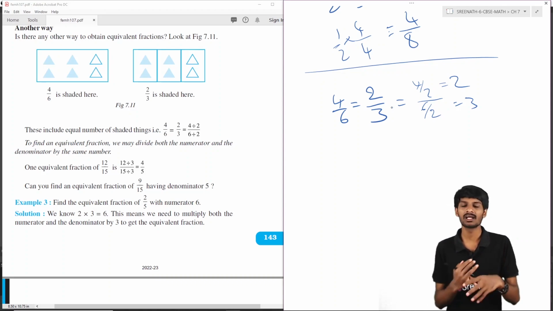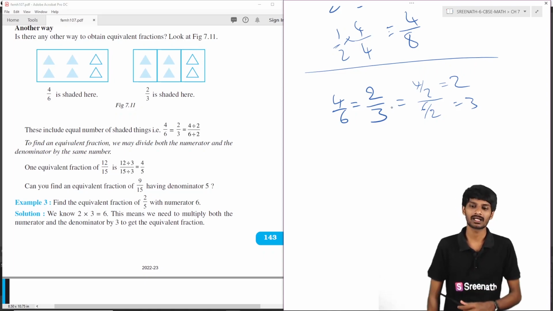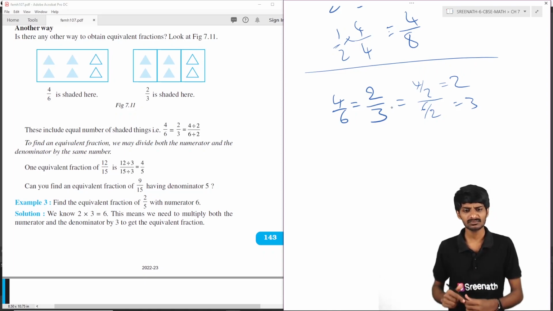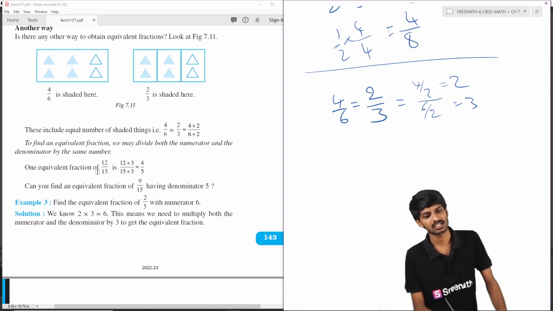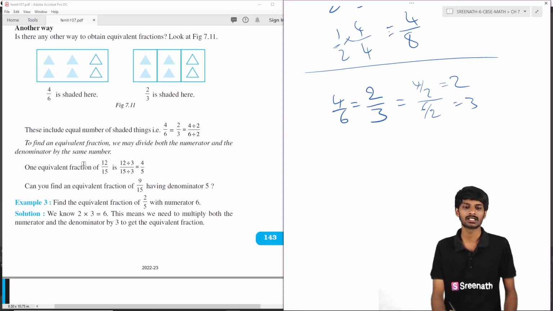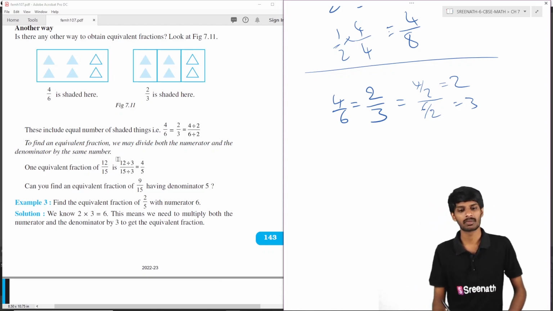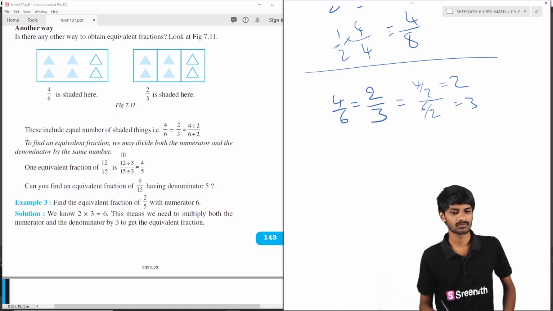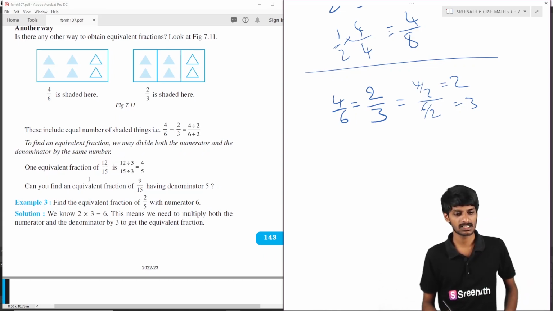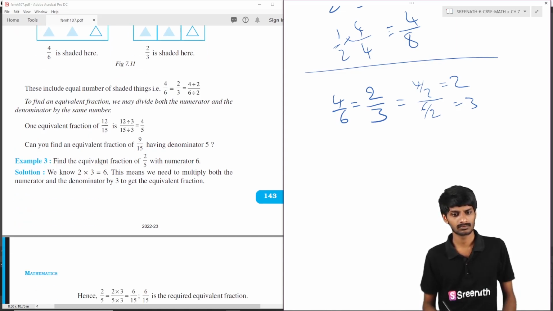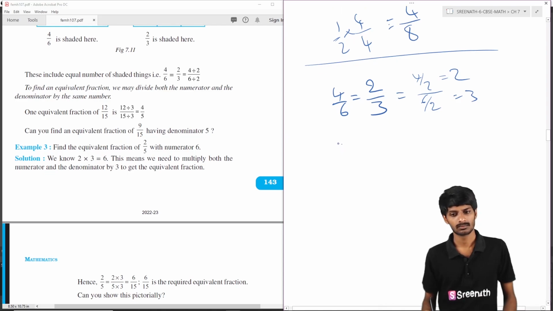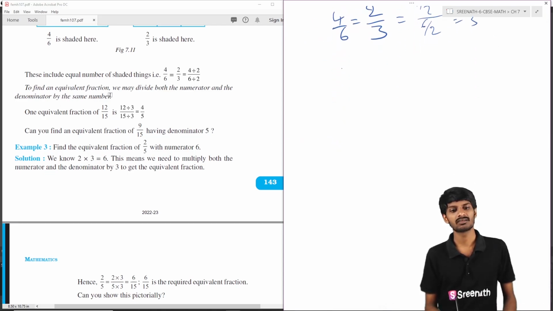Previously you multiplied both the numerator and denominator by the same number. To find an equivalent fraction, we may divide both the numerator and the denominator by the same number, students.